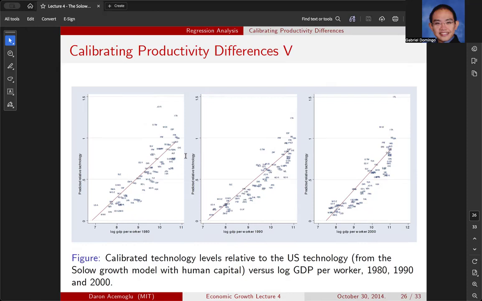So based on this calibration exercise, countries will typically have different levels of technology, and the fact that they have different levels of technology is important to determine their GDP per worker in all the three different decades that have been examined here.